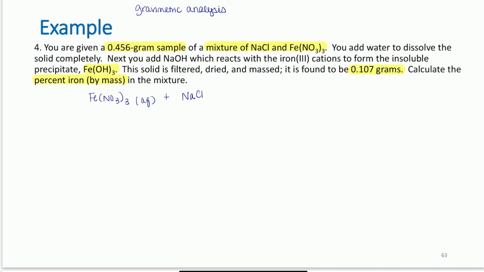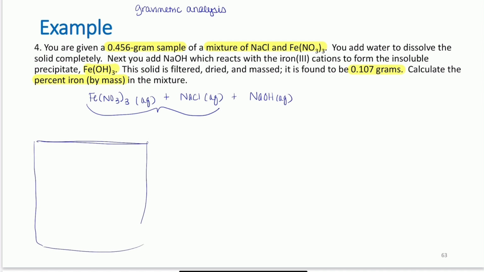It's mixed with sodium chloride and NaOH. So this was the original mixture, and we add water to dissolve this completely. So I've got some kind of beaker or some kind of flask, some kind of system.